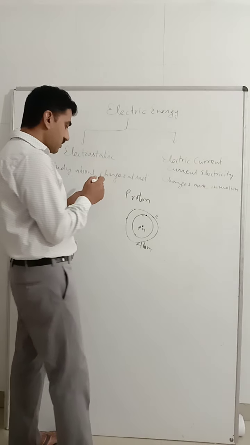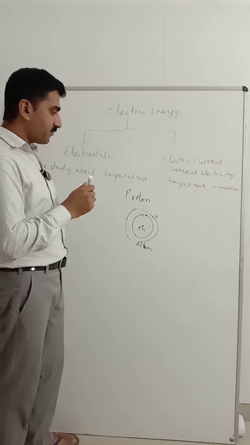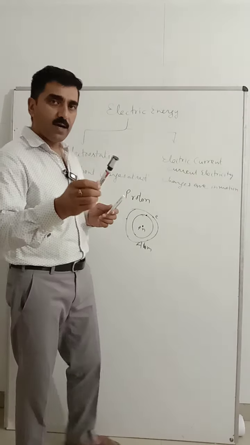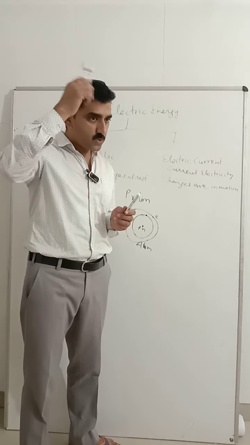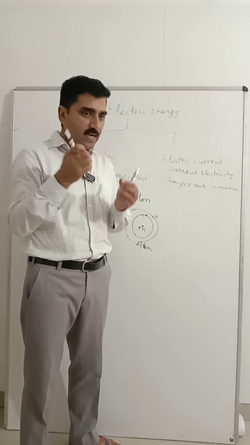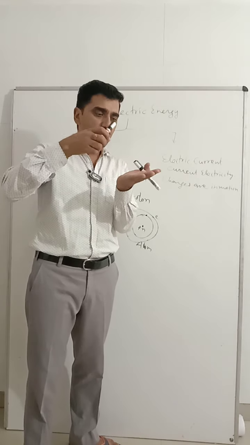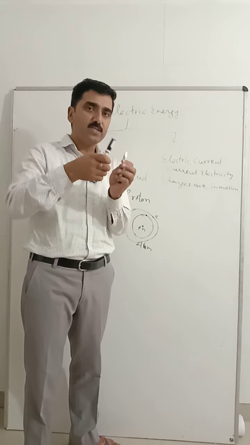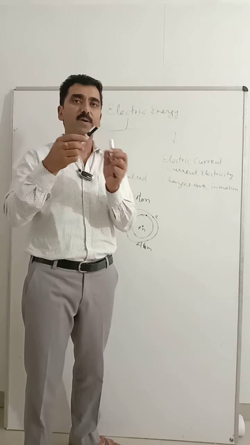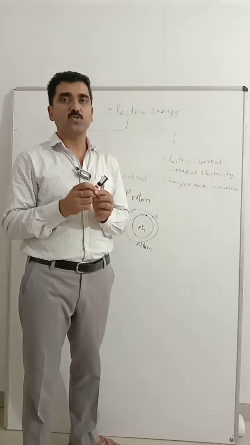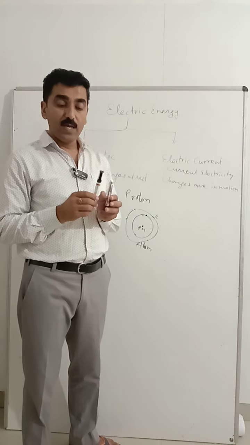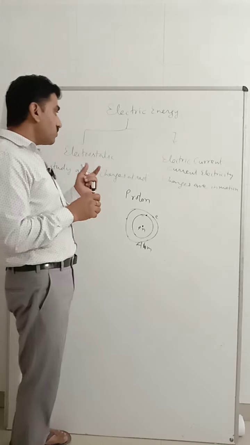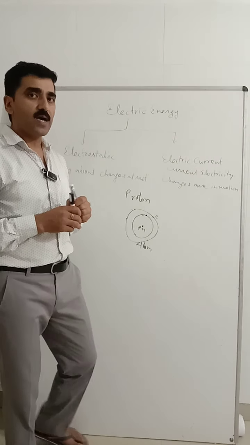So at rest, how? I will give one example. You can take a plastic pen and rub it with your dry hair and take small bits of paper, and if you bring the pen near them, you will see that these small bits of paper are getting attracted toward the pen. Why is it happening? It's happening on account of electrostatic charges.